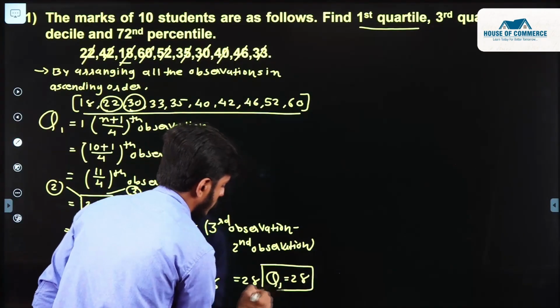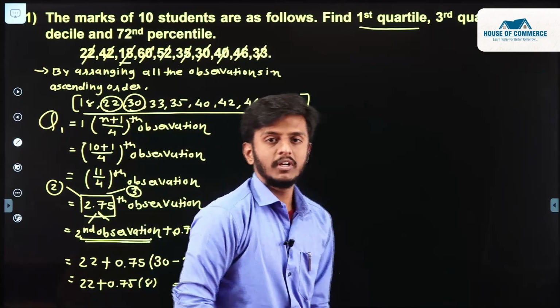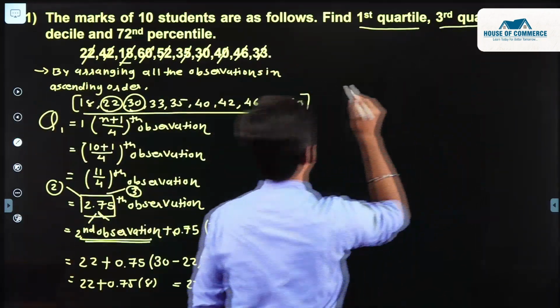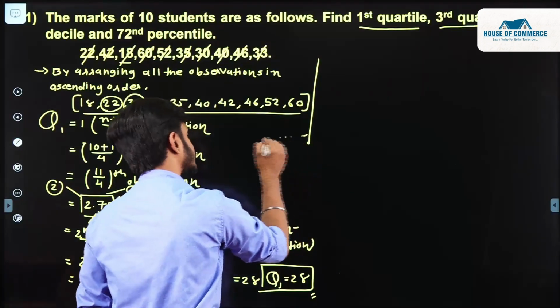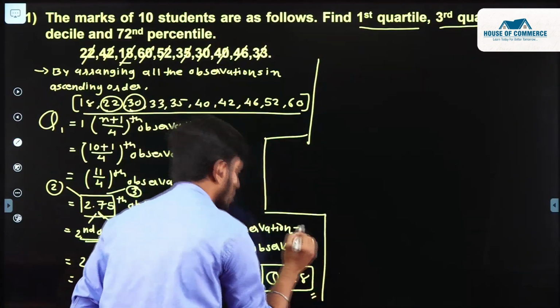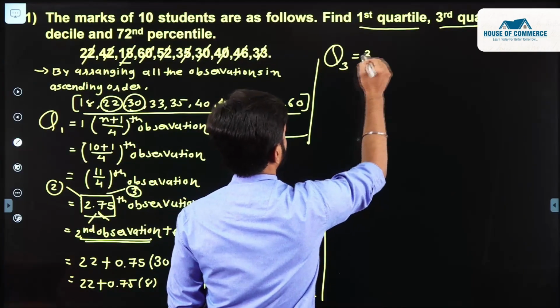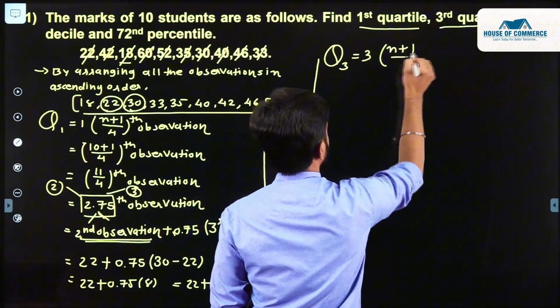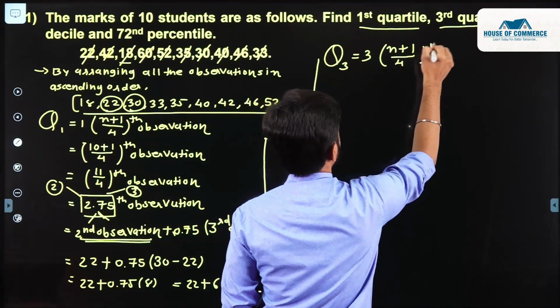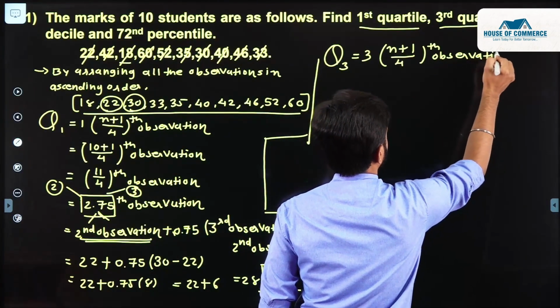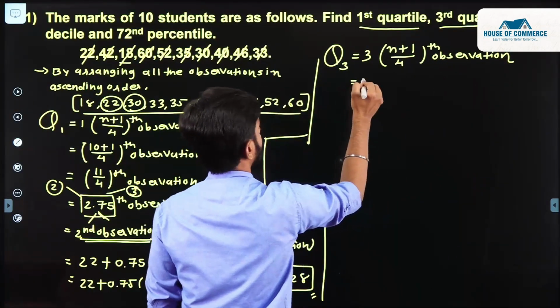Is it clear to all? Then give me a thumbs up, pause the video and try out the third quartile. How can you find the third quartile? What will be the formula for Q3? Q3 is equal to 3 in bracket n plus 1 by 4th observation. So we are using 3.